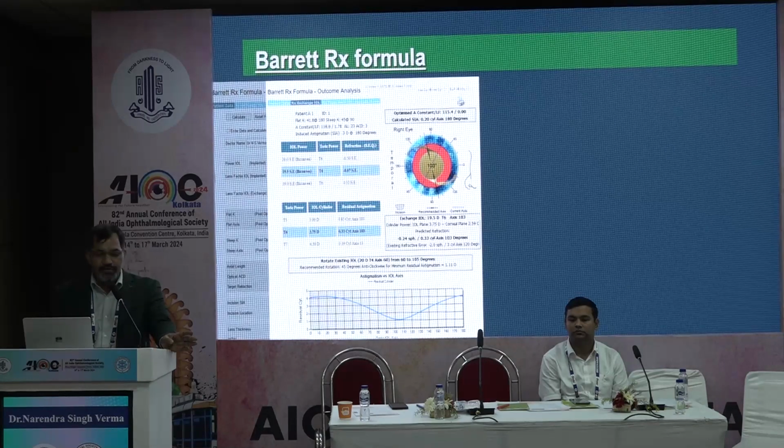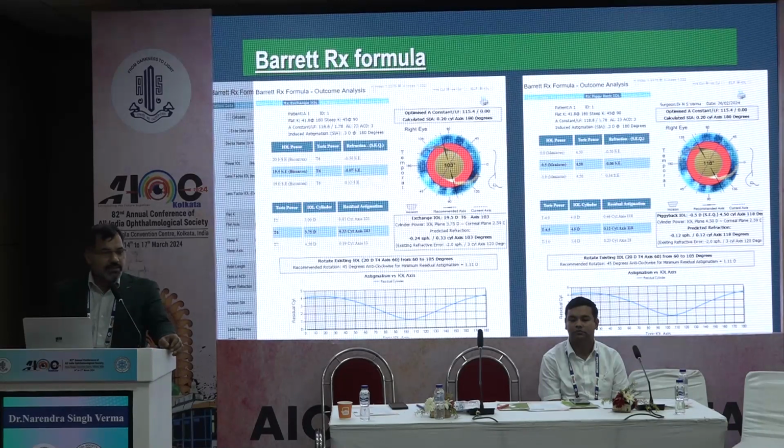If we rotate the lens from 60 to 105 degree, it will decrease the refractive error. It also gives how much the refractive error will decrease, and the upper left part also provides, if we want to change the lens, the power and axis of the new lens.